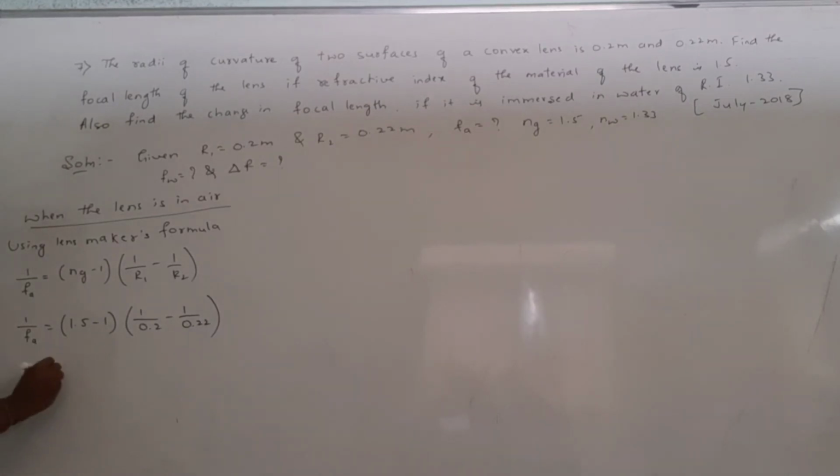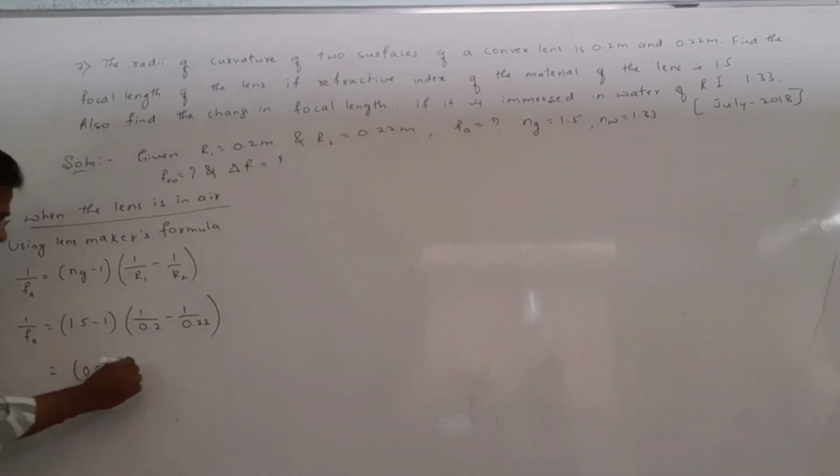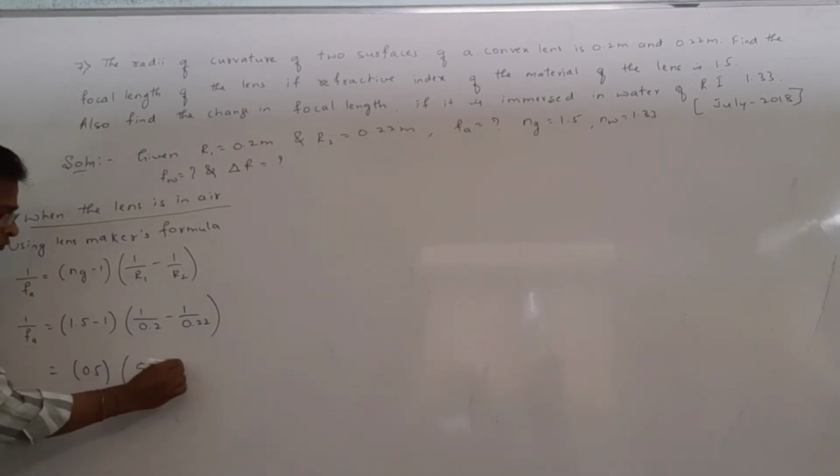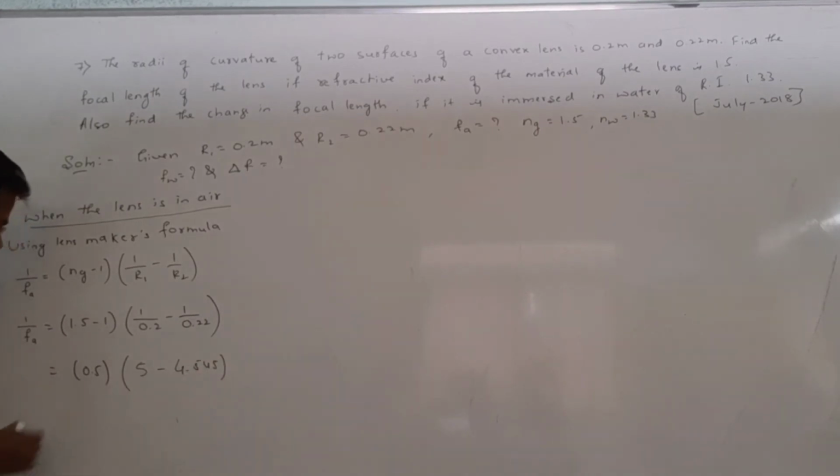Now see, this is 0.5. Okay, so what does the LCM come to? See, 1 by 0.2 is 5, minus 1 divided by 0.22 is 4.5.